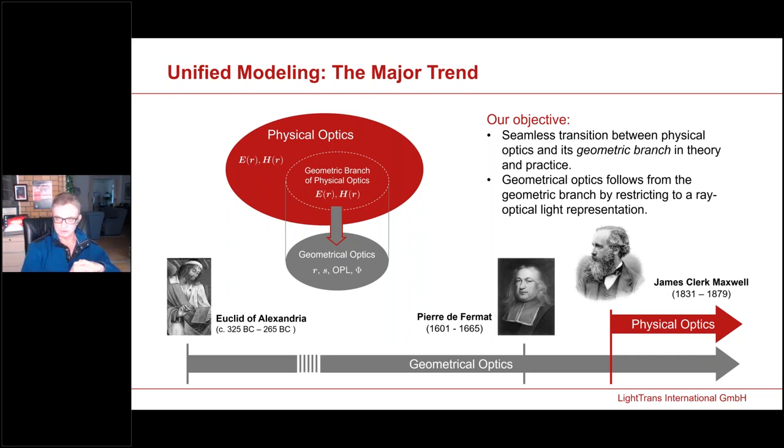Seamless transition between physical optics and its geometric branch, and to understand geometrical optics as a special kind of mode of operation then. That means instead of having a coexistence between physical optics and geometrical optics, I predict that in the future, geometrical optics and physical optics come much, much, much closer together and finally become one theory with different aspects and different modes of understanding.